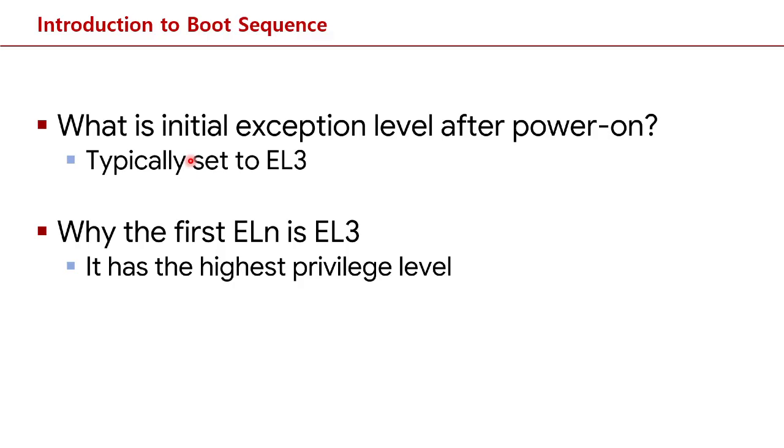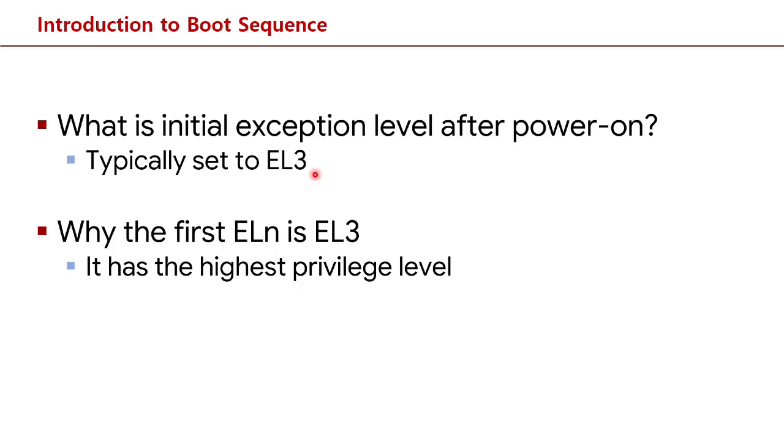Now we have a very important question when you learn about the exception level. That is, what is the initial exception level after power on? The answer is exception level 3. Most chipset vendors initialize their first exception level as exception level 3.